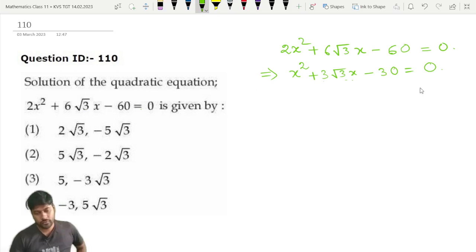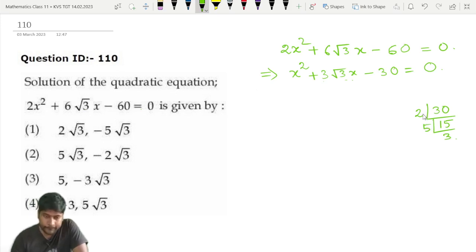So 30 is 5 into 6, no, we need 3 into something, we have to divide like that, 5 and 2 root 3.